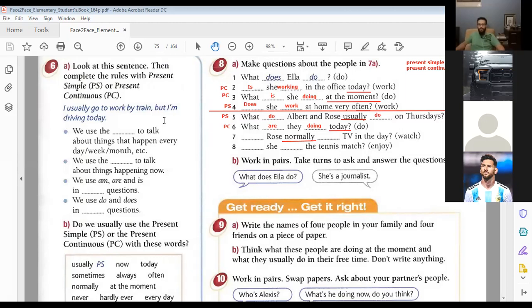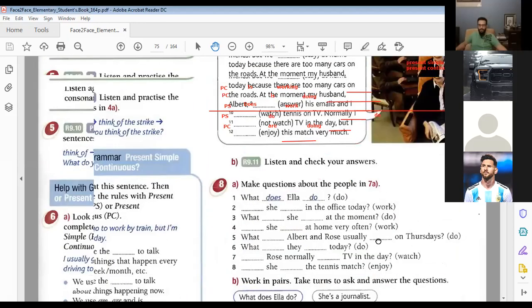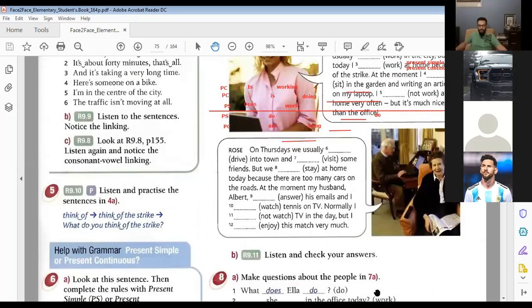What do Albert and Rose usually do on Thursdays? What do they usually do? I don't remember. Okay, let's go back. They are going to visit some friends. Yeah, but you have to say it in the present simple.